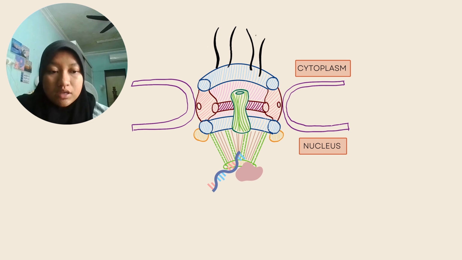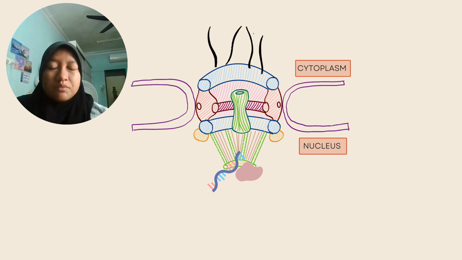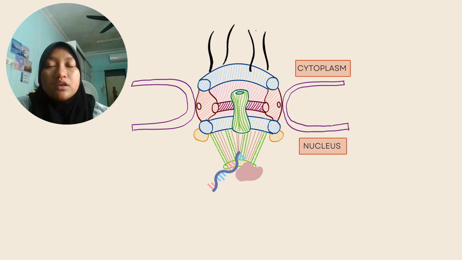After the mRNA transcript molecule and the export sequence bind together, they will go through the nuclear pore from the nucleus side, and after getting permission from the nuclear pore, it will go out through to the cytoplasm.